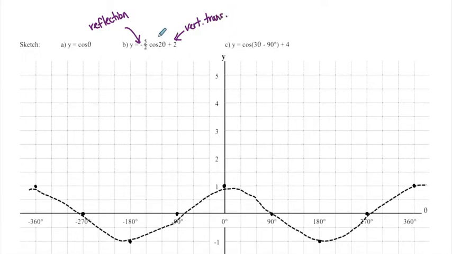We have a k value here that affects our period. So our period is going to be 360 divided by 2, which is 180 degrees. And we have an a value of 5/2, which tells us what our amplitude is going to be.